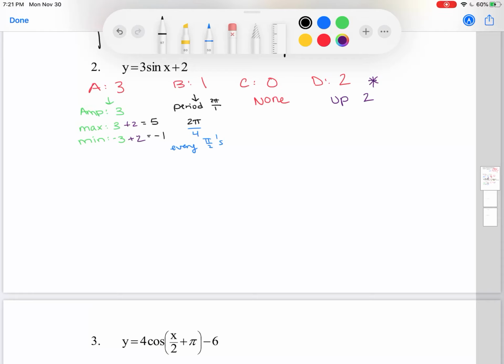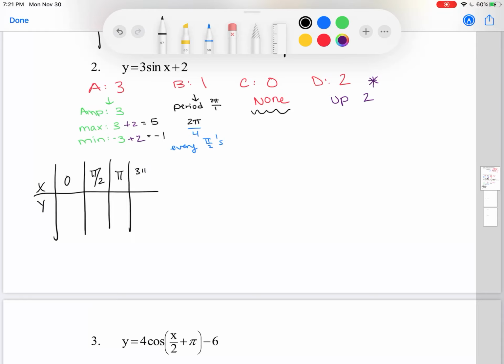Go ahead and make my picture here. X, Y. Again, your starting point is still at your C, so we're going to start at 0. Pi halves. Pi. 3 pi over 2. 2 pi.